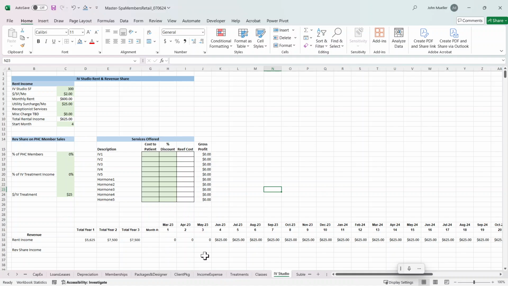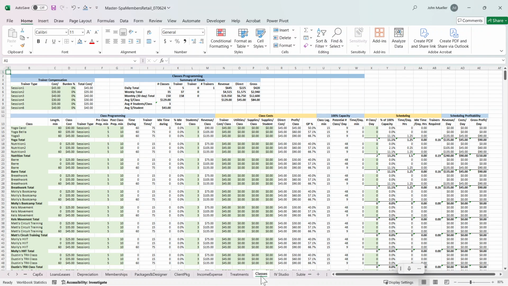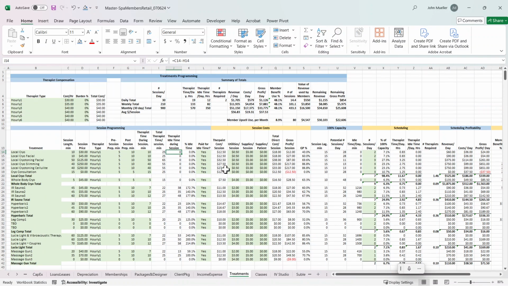Each of these three, this one's a little bit different, because it'll run out based on a start month of what these revenues are, and project on a monthly basis what that revenue is going to be. So in all of these cases, the treatments and the classes, the way those revenues work is up in this area.